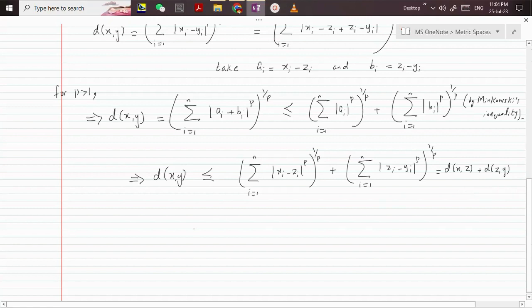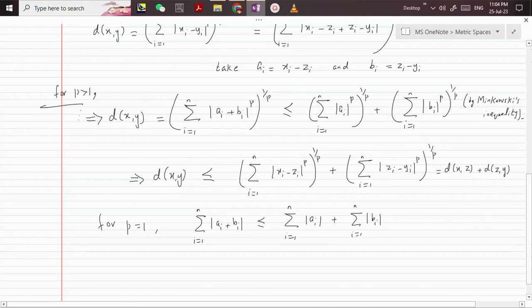So the triangle inequality holds for p greater than 1, and for p equals 1, I have shown before that the summation i from 1 to n of |ai plus bi| is less than or equal to summation i from 1 to n of |ai| plus summation i from 1 to n of |bi|.